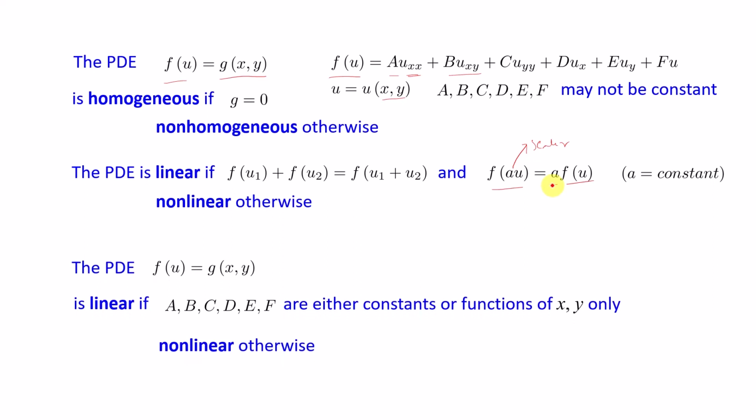Another way to look at linearity is that in this PDE f of u equals g of x, y, if all these terms a, b, c, d, e, f are either constant or functions of independent variables only, then you will see that they will turn out to be linear. This is an easy way to check linearity. If this condition is not satisfied, the equations will be nonlinear.